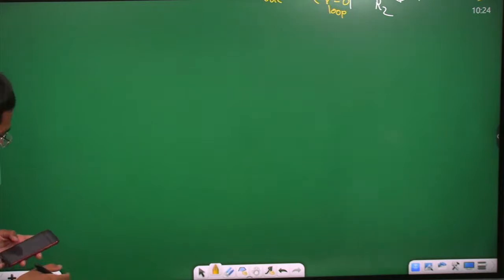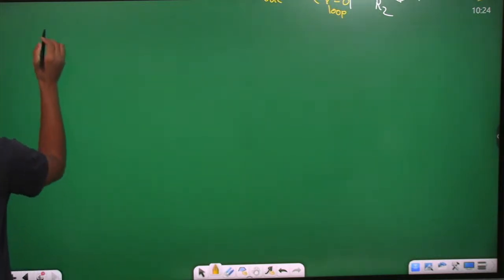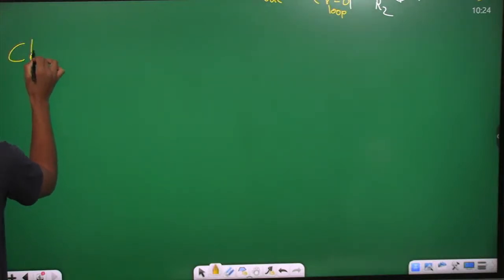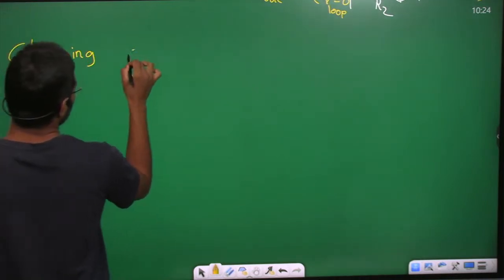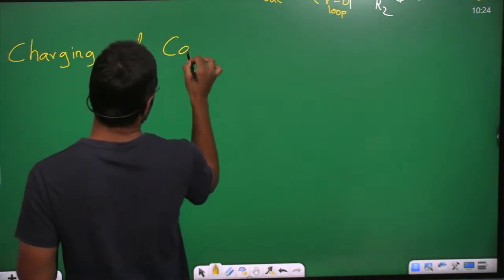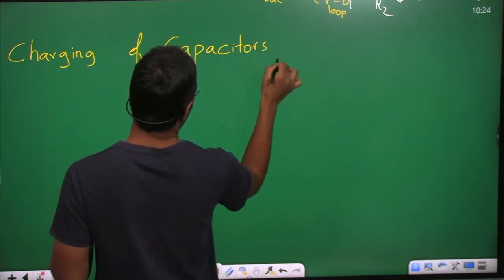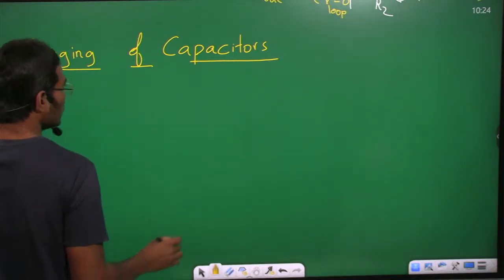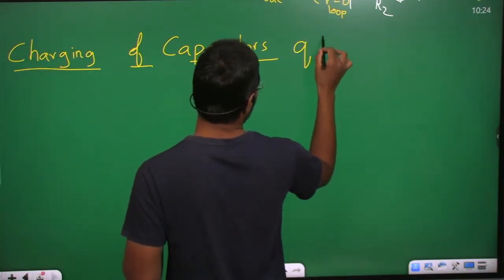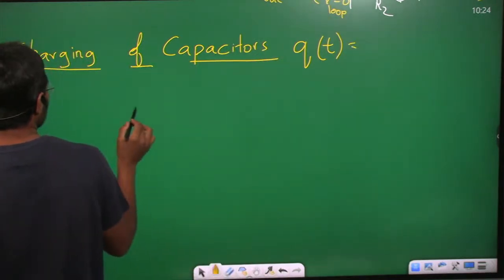So charging of capacitor. So now let us try to work out the formulas of charging of capacitor. Try to write the formulas with respect to time t. Discharging as well.